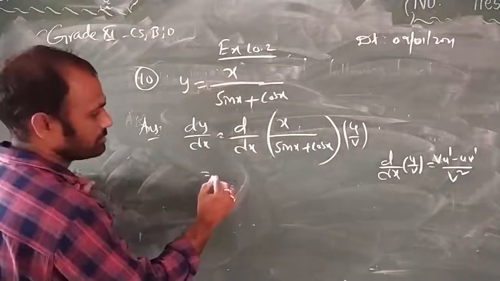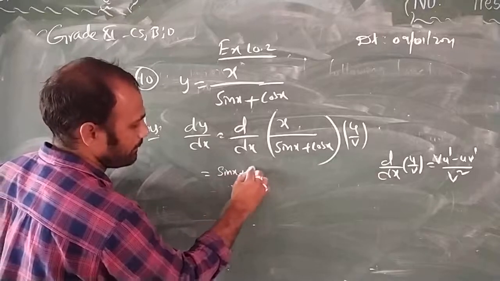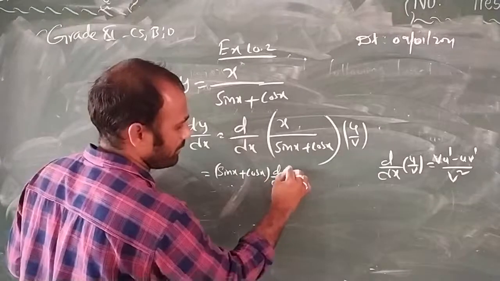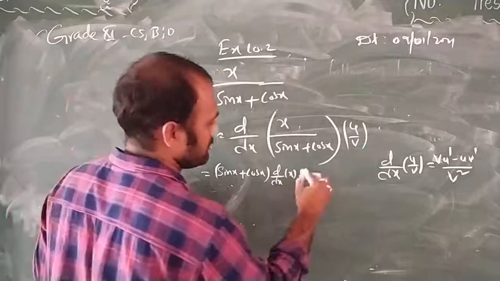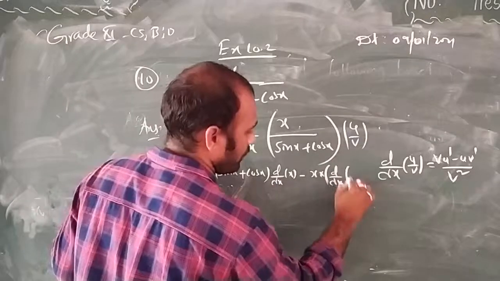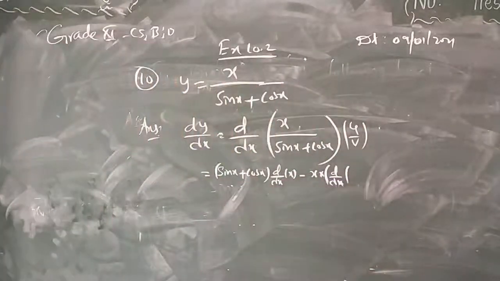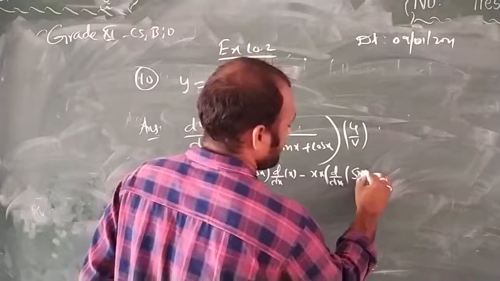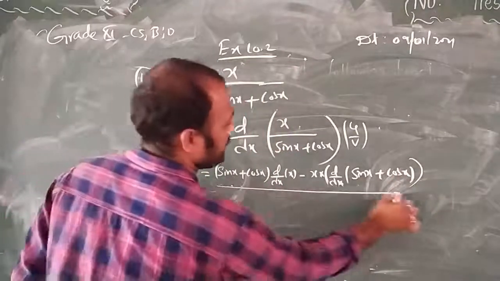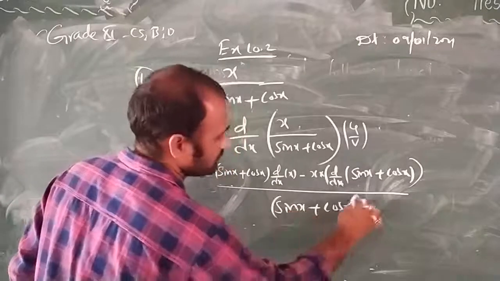So that is equal to first denominator function as it is, sin x plus cos x, derivative of x, minus x into d by dx of sin x plus cos x, divided by v square, that is sin x plus cos x whole square.